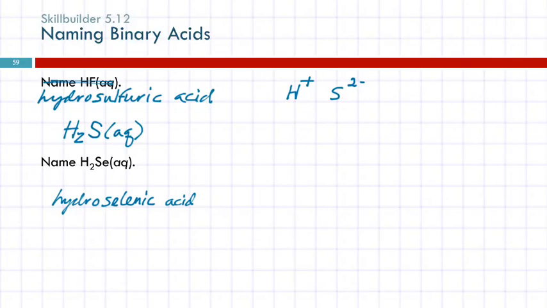Yes? Because some polyatomic ions start with H as well, how do you not confuse them with acids? That's a good question. So if you had something like HPO4, 2 minus, that is a polyatomic ion. Why don't we name that as an acid?